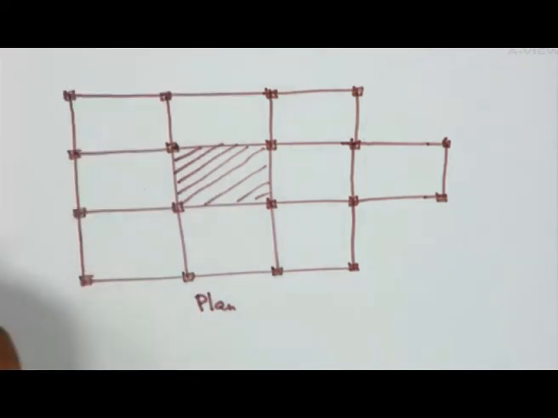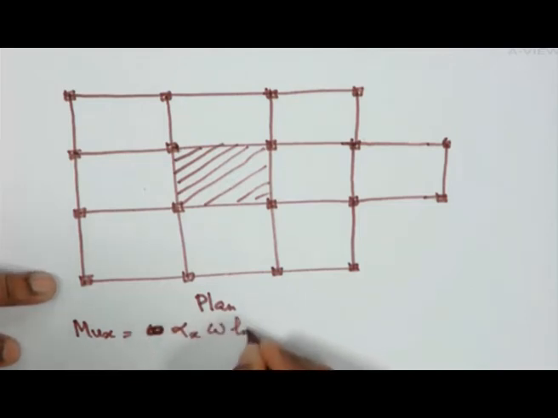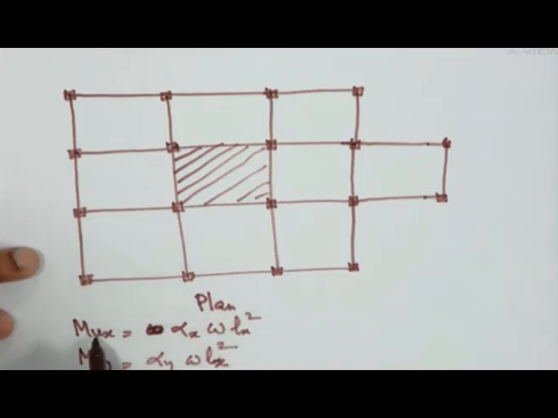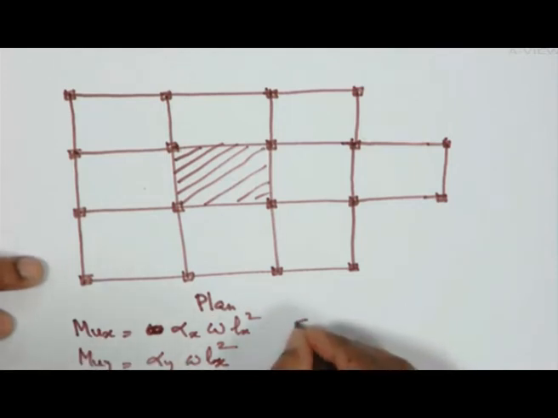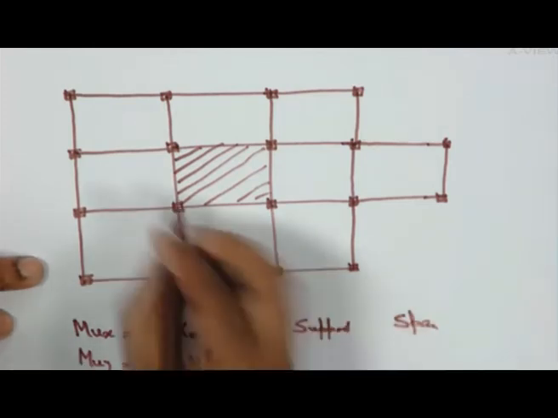So I have mu x equal to alpha x w L square x, and mu y equal to alpha y w L square x. Now this mu x can be at support and can be at span also. Span means I am talking about this one.